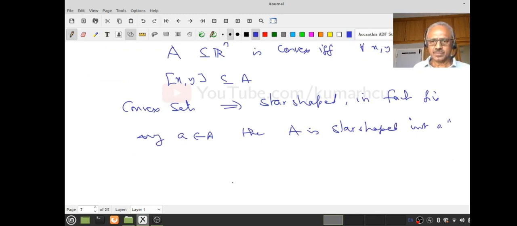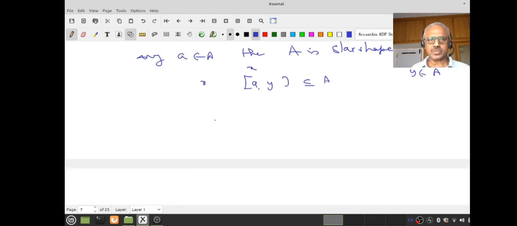Why? Because I can take one point to be a, another point to be any y in A. Then what do I know? This is my x, this is my y. Then this line segment is contained in A. Therefore it's star shaped. Therefore a convex set is a special kind of star shaped set. That is, every point in the convex set is a star, with respect to which the set becomes star shaped. Do you follow that?